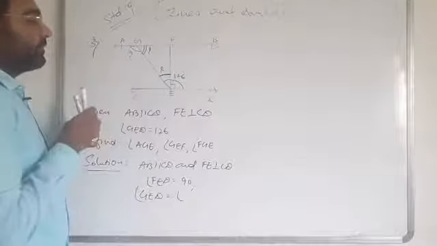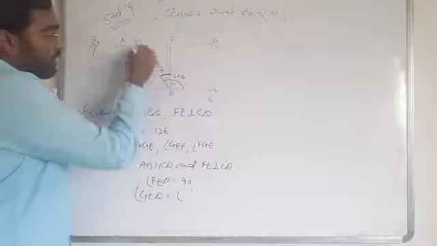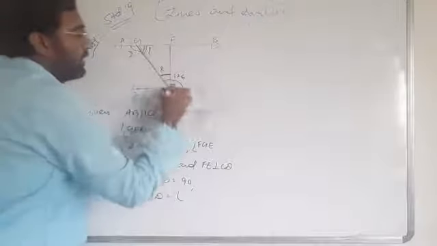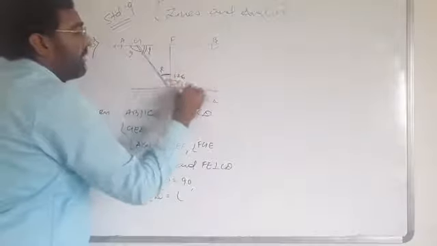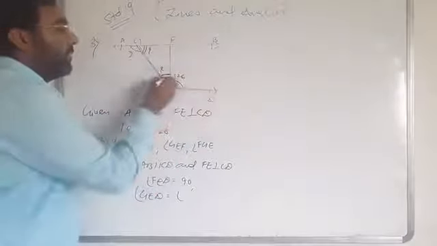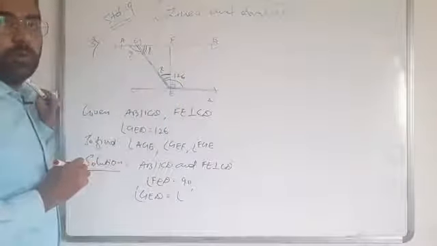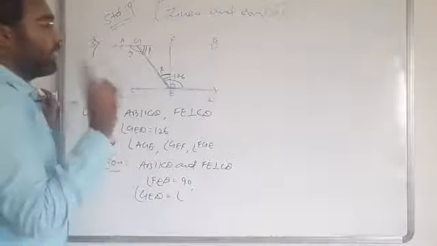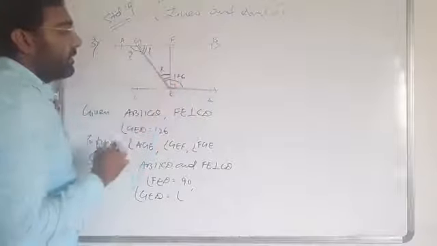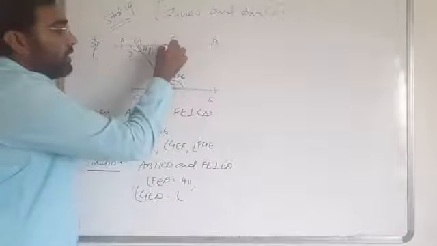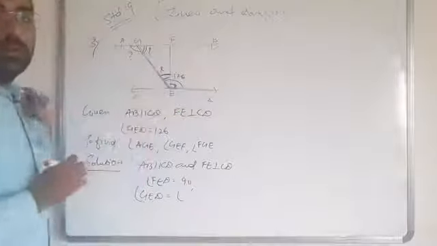I'll show that angle GED, this angle, is divided into two parts. One of them is GEF, this part, and the second one is FED. That is given 90 degrees.